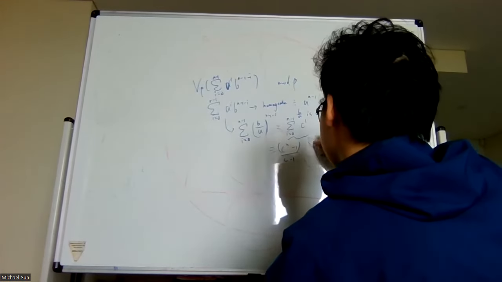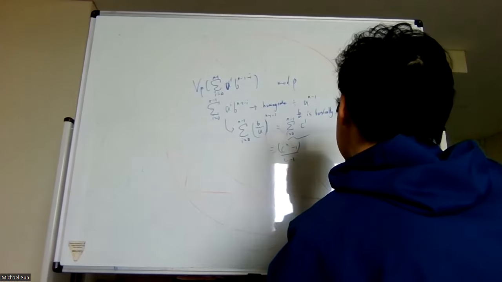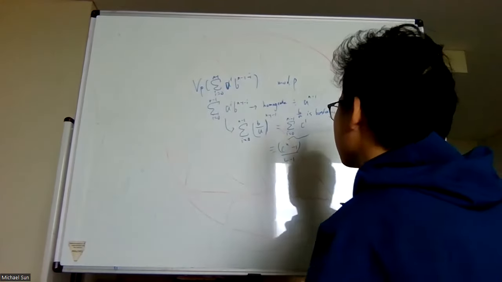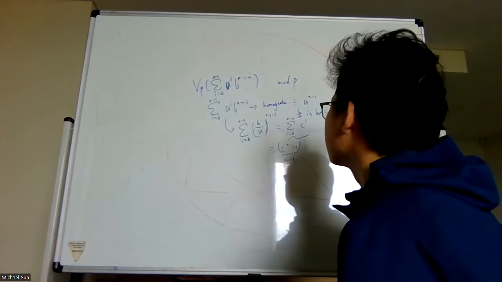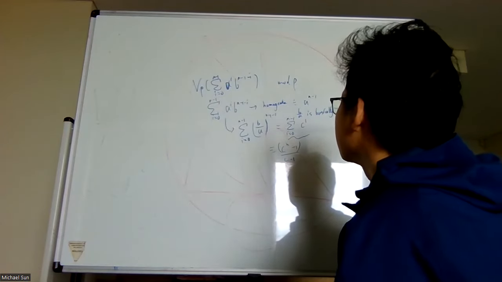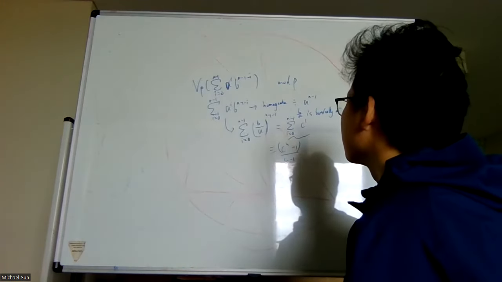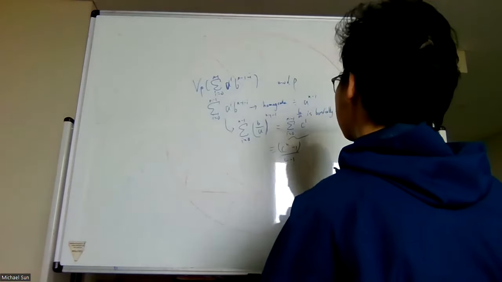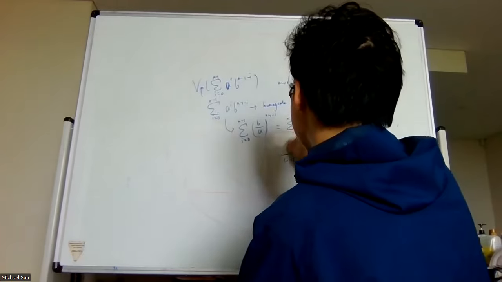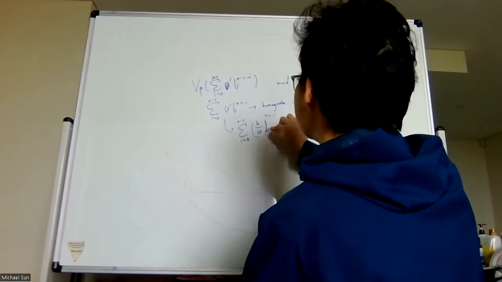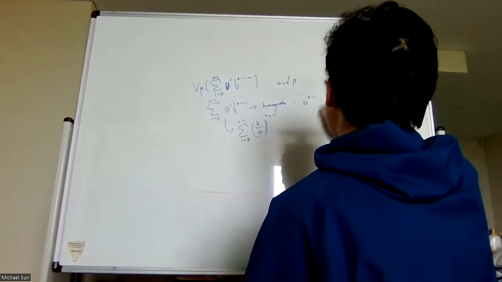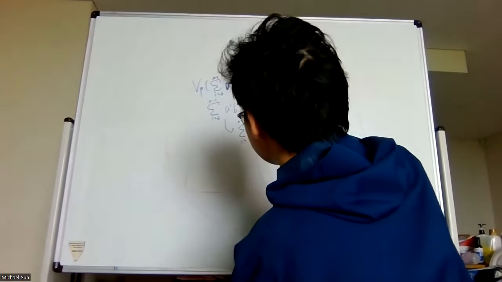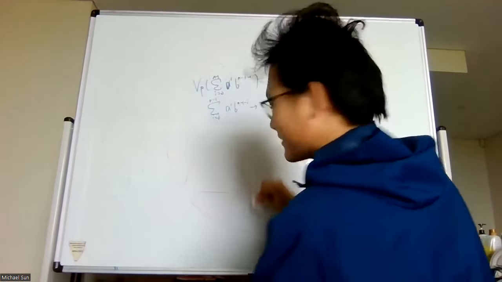Because P divides A minus B, you assume P divides A minus B, right? And so A equals B mod P.